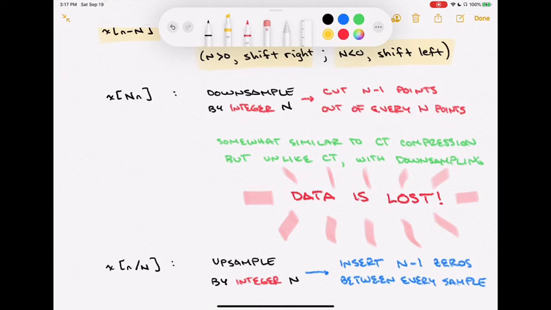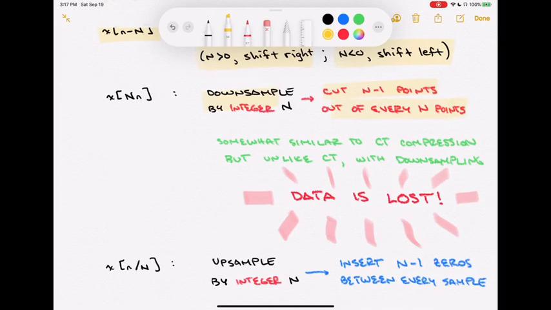Now, downsampling, while it is similar to the continuous time compression operation, is fundamentally different in discrete time. It is going to cause a loss of data. How do we carry it out? Downsampling by an integer N essentially says that we're going to cut out N minus 1 points out of every N points of our original signal.